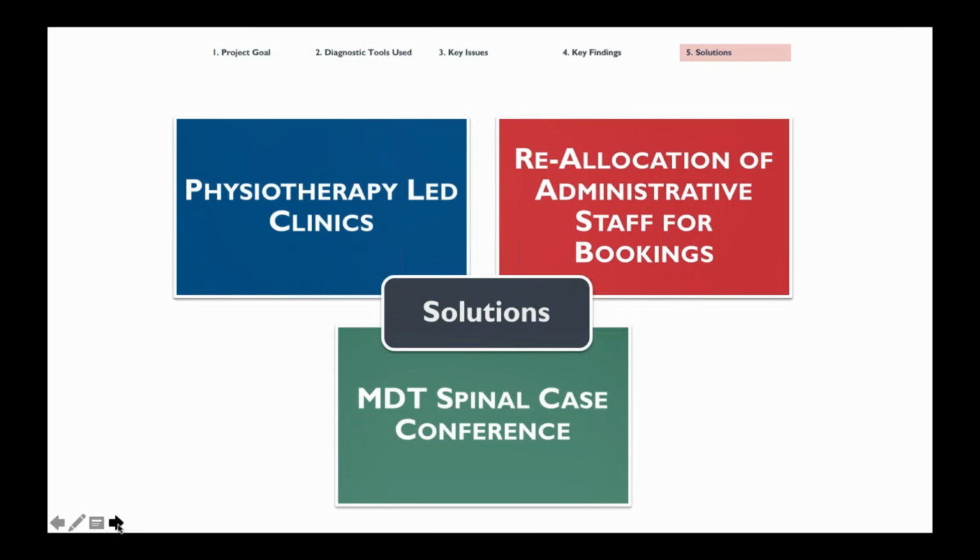One was reallocation of administrative staff to bookings, to call patients up and make the whole process of making sure patients showed up more efficient. They also restructured their clinics so there were more physiotherapy-led clinics, and they recreated multidisciplinary interaction through a spinal case conference, which helped them restructure how they manage the clinics.